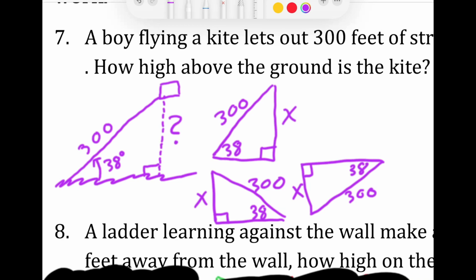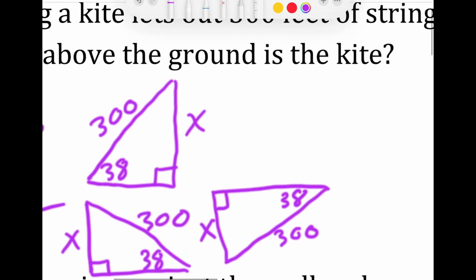So again, the key features in your triangle should have been, it's a 90 degree angle, or a right triangle, my bad. Your hypotenuse should have been 300. Another angle should have been 38 degrees. And the side opposite of your 38 degrees should be x. If it is the same, then you should get the same answer.